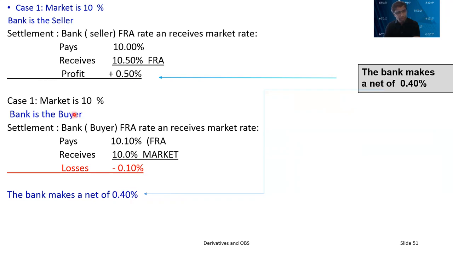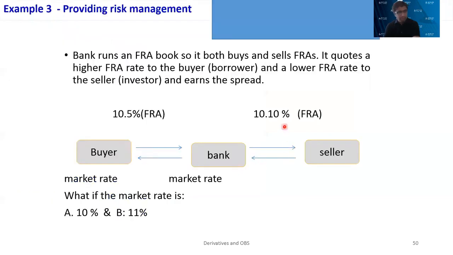So he, as a buyer, will receive the market rate when the bank is buyer. He will receive 10% and give his counterpart in the contract 10.10, which is in this stage.